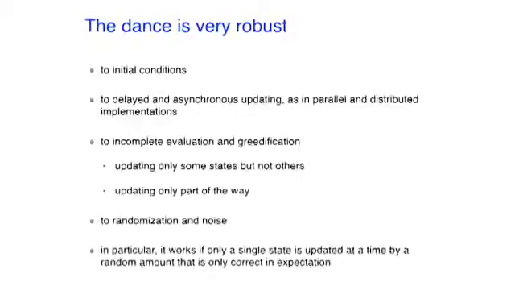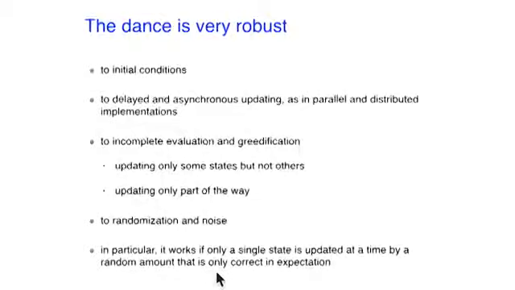And then you could only greedify some states, or maybe just look at two of the actions and throw away the worst of two possible actions, even at a single state. So there's always a bunch of ways in which you can do it incompletely and partially. And it doesn't matter. As long as you keep going, eventually, even if things are stochastic and you throw noise in, it's good. It works very robustly.